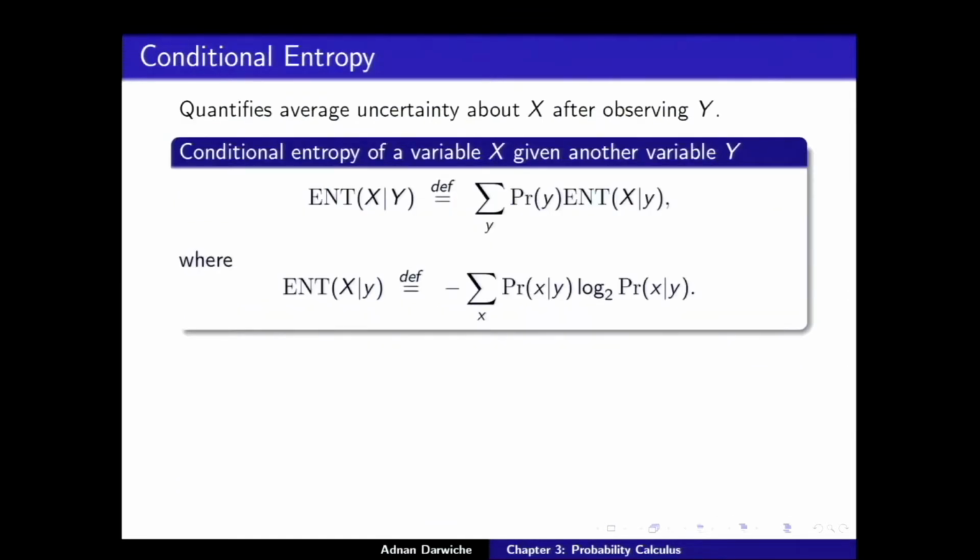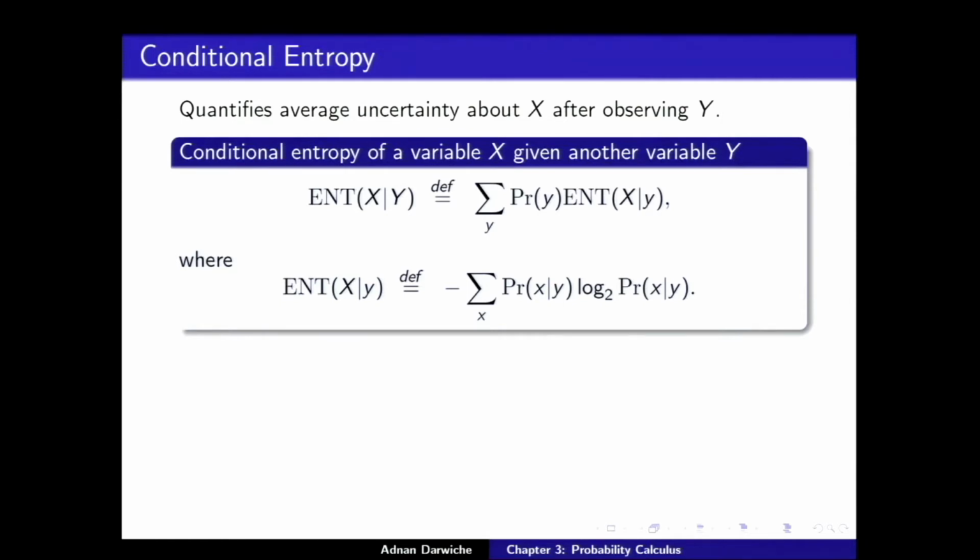Let's do one more thing here on entropy. If you remember when we did entropy, we said you have a variable and it has a distribution over it. What's the entropy of that distribution? And that was meant to capture the uncertainty of that variable. Now, here's an interesting notion, which is conditional entropy. Forget about the equation for a second. You have a variable x, and you say, what's the entropy?